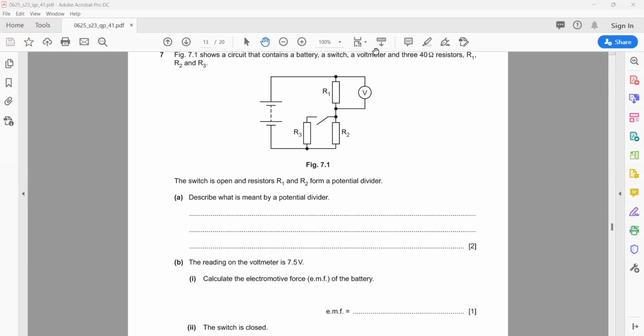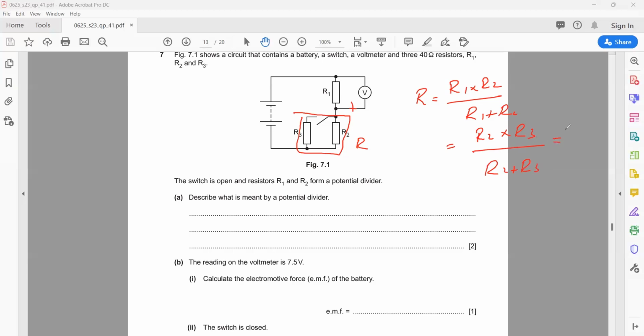So again, if you want to find the complete resistance, first of all, you have to find the combined resistance for these two. Whatever the answer will come, then you will add it to this one. To find the combined resistance of R2 and R3, you have a formula: R1 times R2 divided by R1 plus R2. But here, instead of R1, R2, you have R2 multiplied by R3 divided by R2 plus R3.